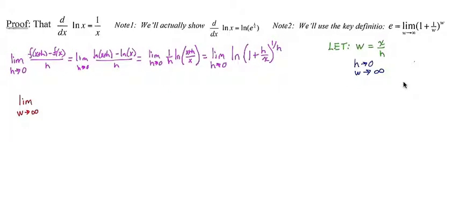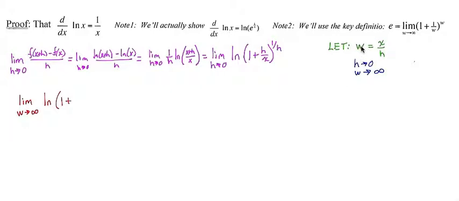And we're going to do the natural log of 1 plus, now this here, h divided by x, well, if we just simply take the reciprocal of this equation, what we would get is h divided by x equals 1 divided by w.